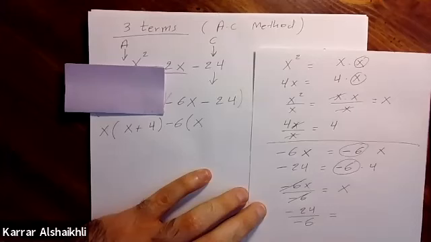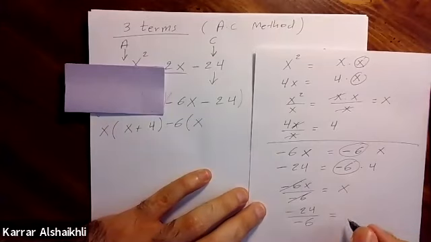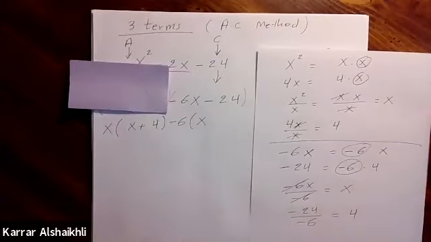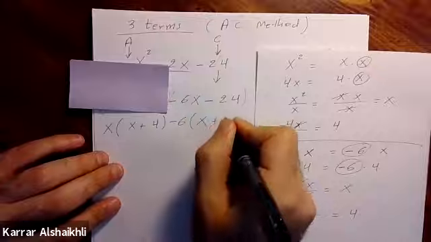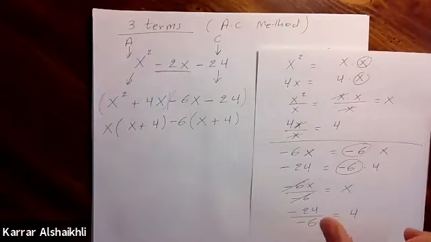Negative 4. No. Oh, don't forget the sign. Negative 24 divided by negative 6 is going to be 4. That means a plus 4. I said negative 4, I'm sorry. Oh no, it will be positive, right? Yeah, positive 4.